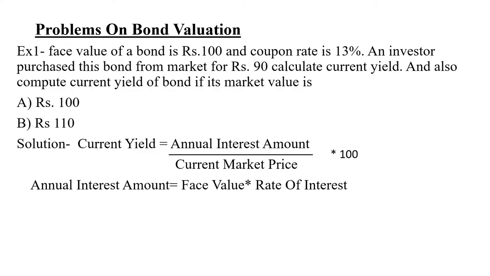So how to calculate annual interest amount? Face value into rate of interest. So what is the face value in the problem? In the first line they have given face value of a bond is rupees 100. So face value is 100, into rate of interest. Rate of interest is nothing but your coupon rate.